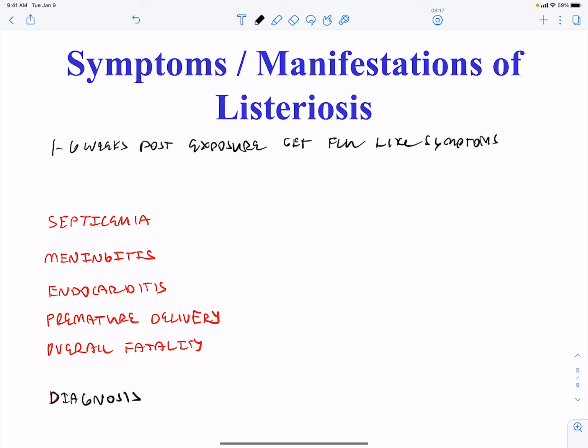So this is a much slower infection than would be a typical viral infection. The flu-like symptoms will be with fever, nausea, vomiting, and diarrhea.